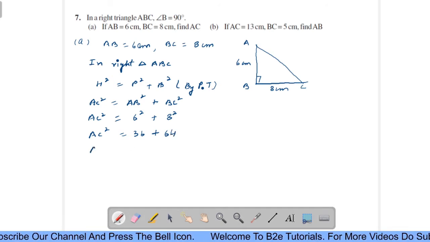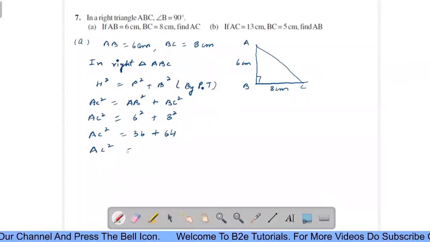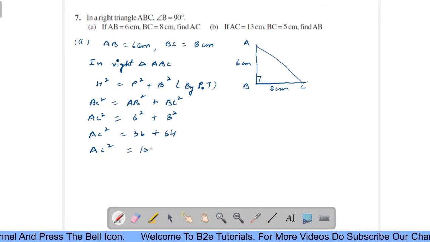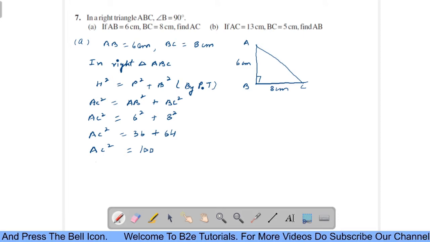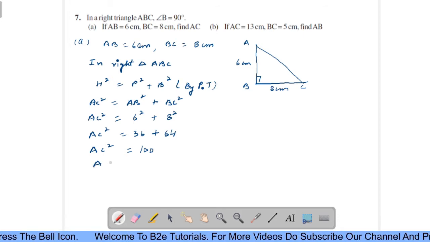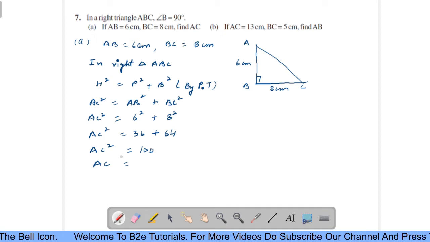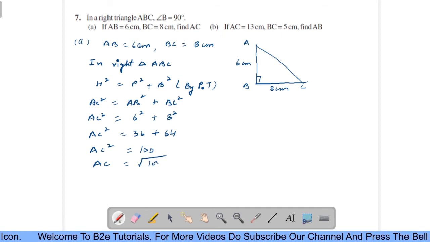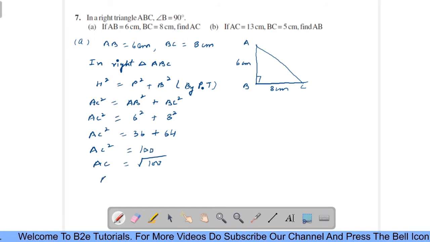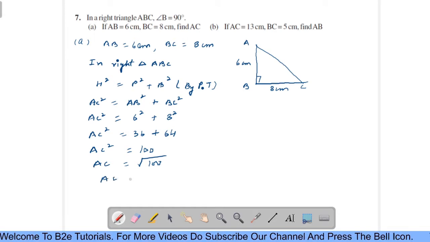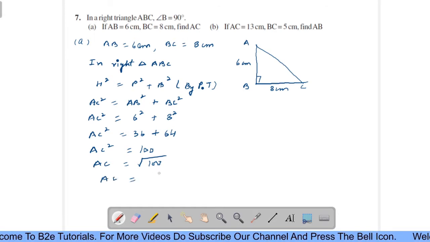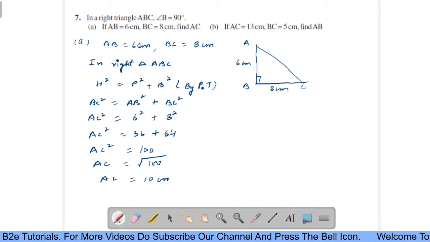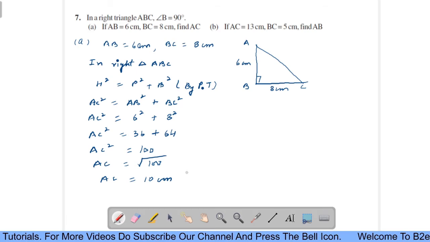AC square equals 36 plus 64, it is 100. AC equals, if you remove the square, on the right hand side you have to take a square root. AC equals the square root of 100 is 10. It is 10 centimeter. This is your answer.